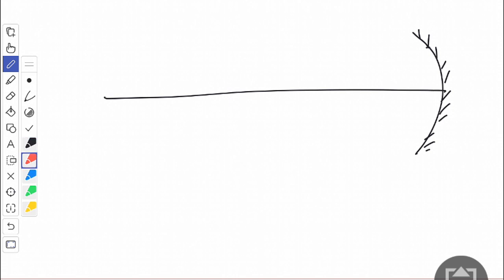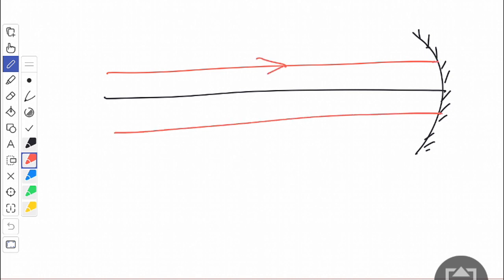Now let us say some parallel rays are coming. This is one ray, and this is another ray. All these rays, after reflection, would all meet at a given point. The point where the parallel rays meet is called focus or principal focus.